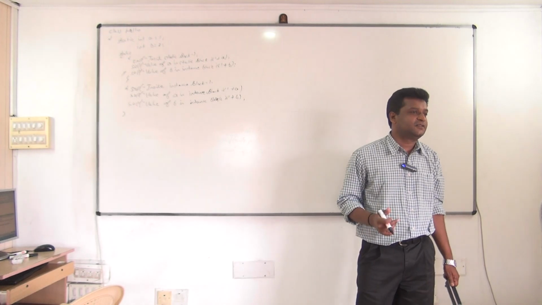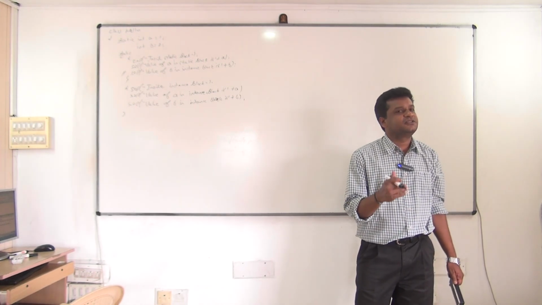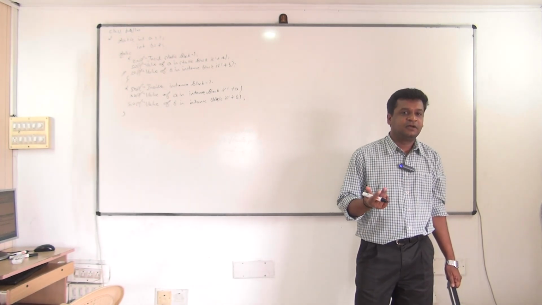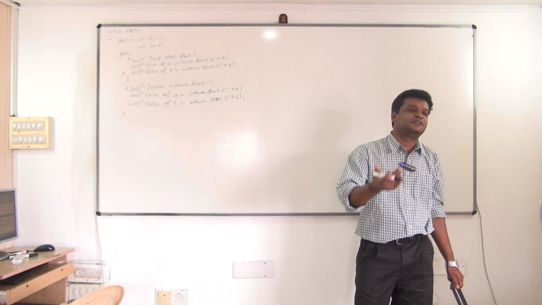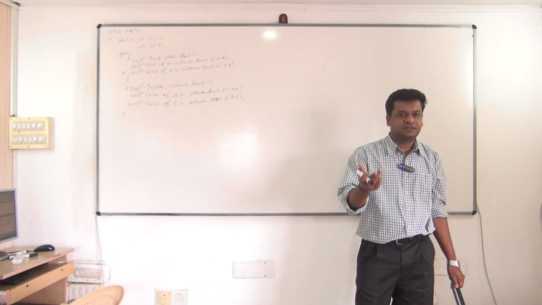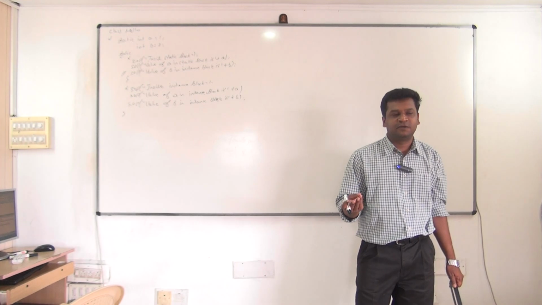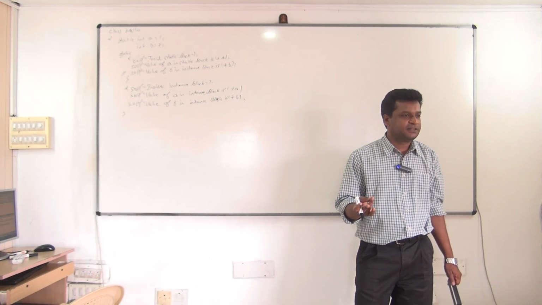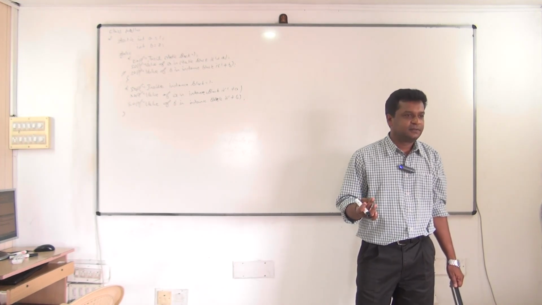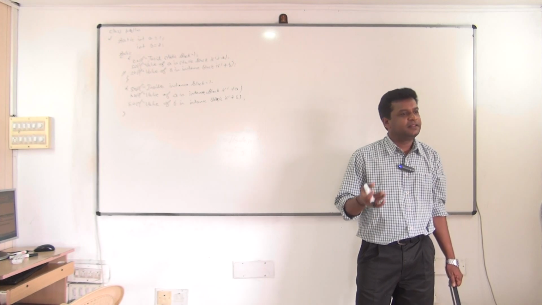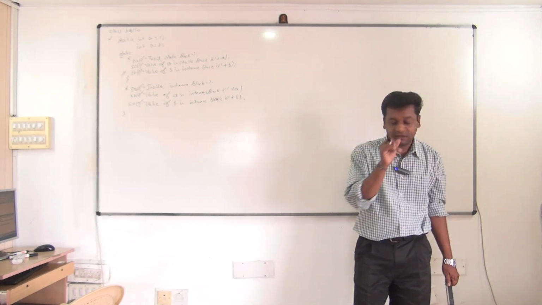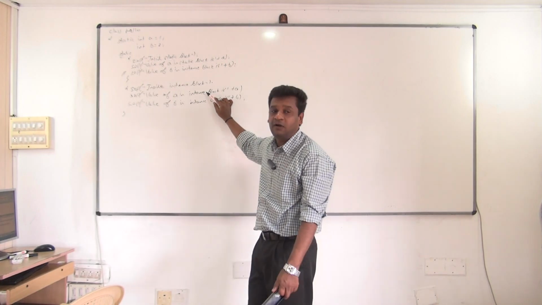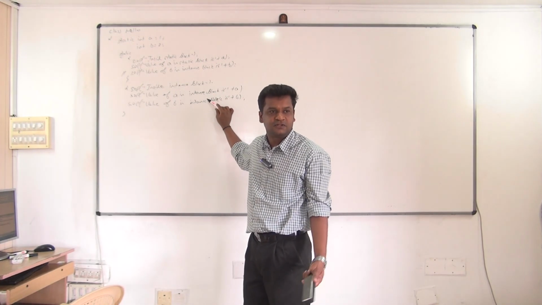Then the instance block gets executed. If you want, you can initialize the instance variables in the block. If you don't initialize, you can do the initialization in the constructor. So that's the phase: instance variables are declared and initialized, the instance block gets executed, the constructor gets executed, and the address of the object is given to the reference variable. That is why you can access static as well as instance, both.